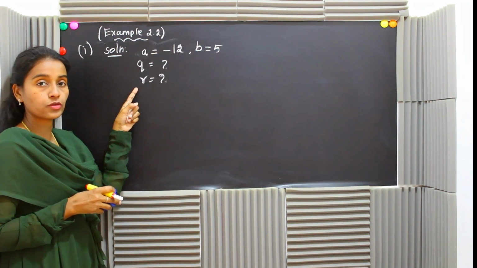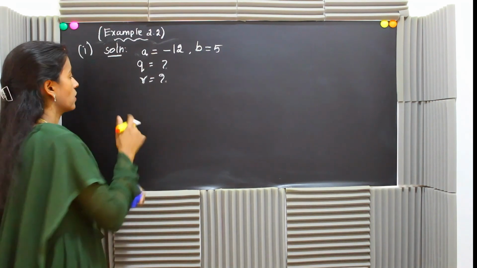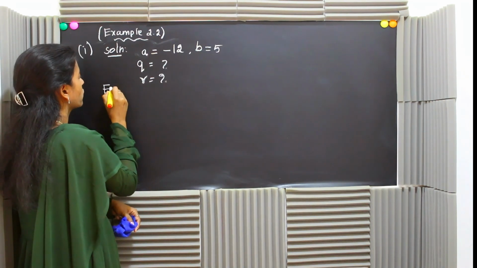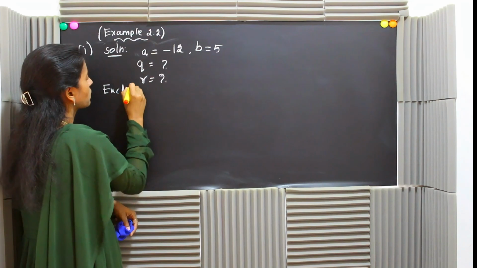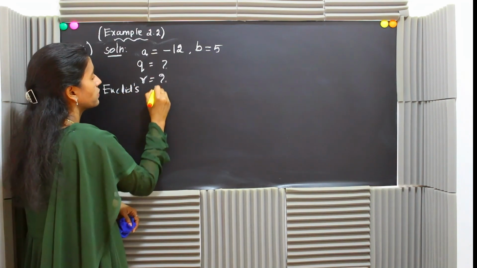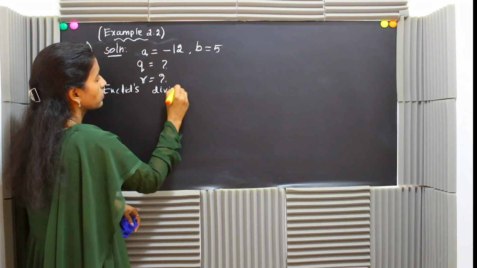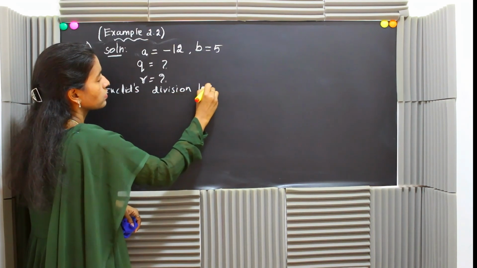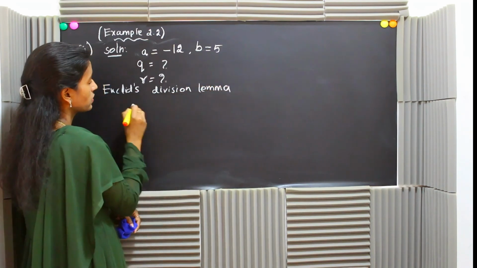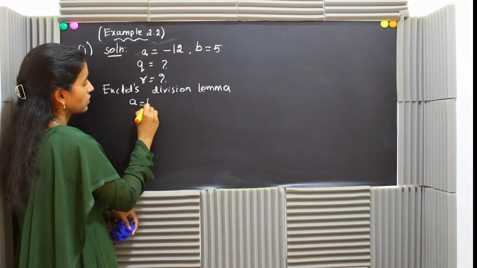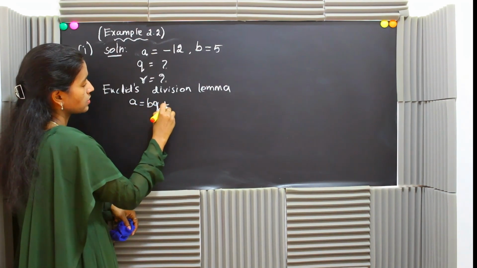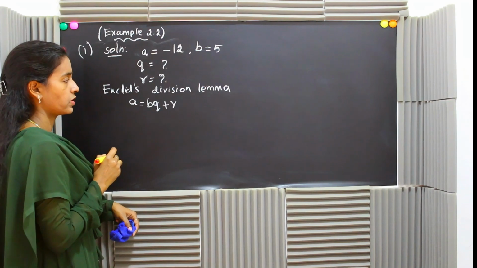What is the formula of Euclid's division lemma? A equals BQ plus R, right?